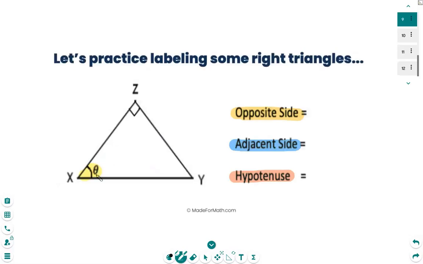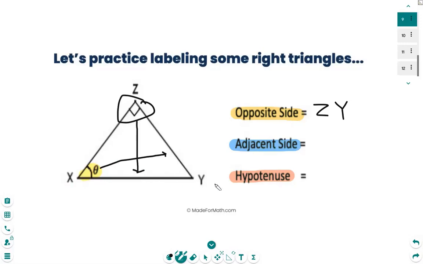One more example. Here's our theta angle. And if we're going to look at the opposite side, go straight across, that's ZY. Okay, the hypotenuse, careful here, find that right angle. This one actually follows that definition of stretching under the right angle.